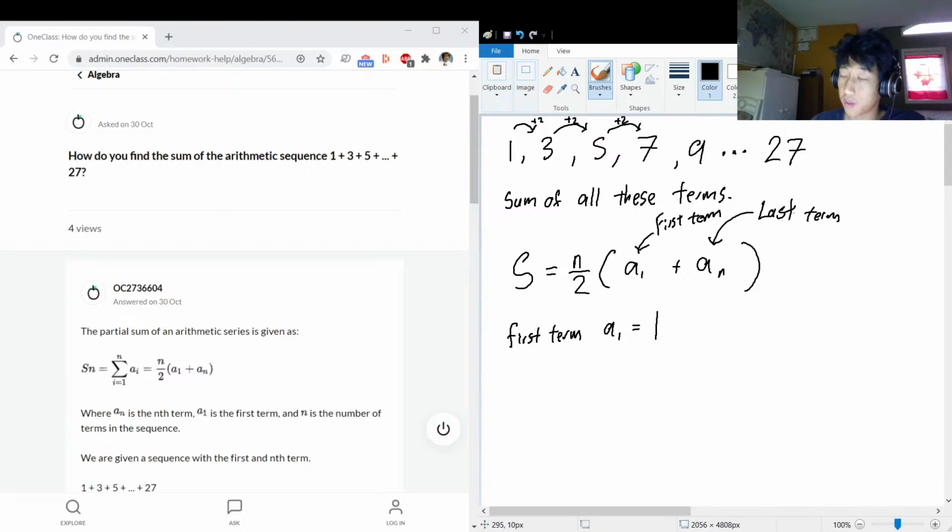That's typically represented by the variable d. So d is equal to 2 in this case. And the last term, the nth term, because we need to know n, which is which term it is.